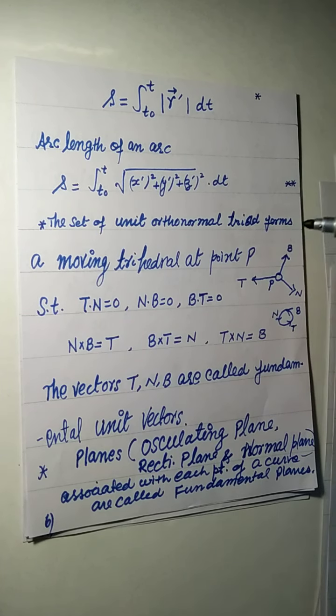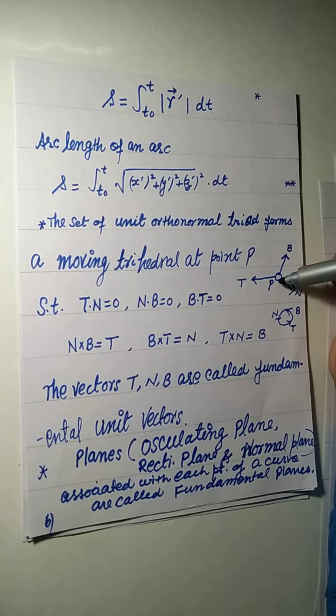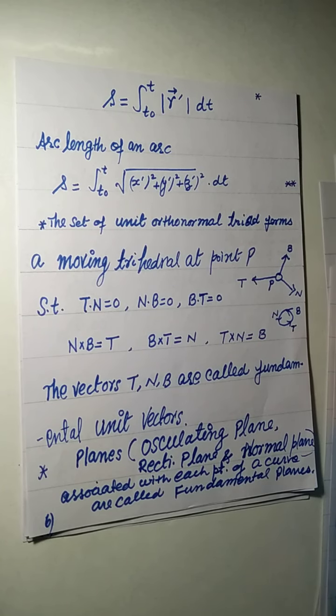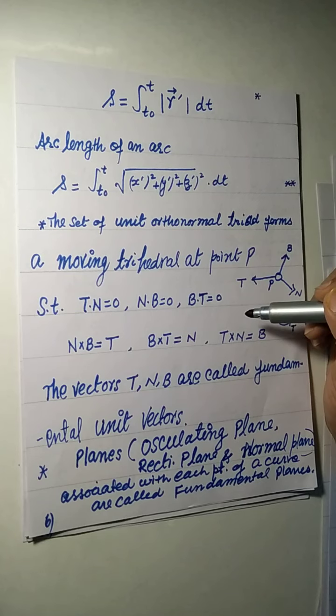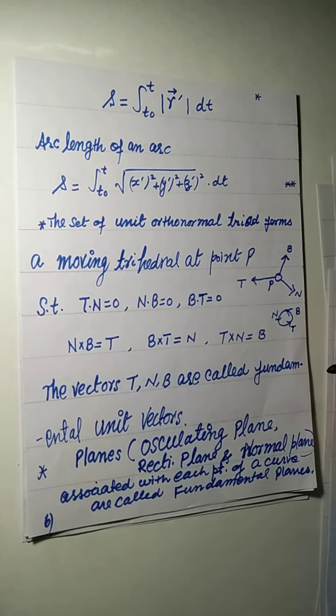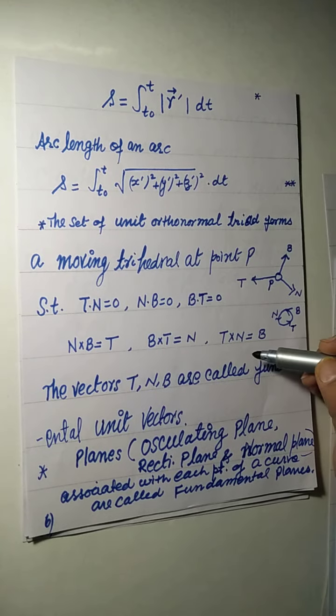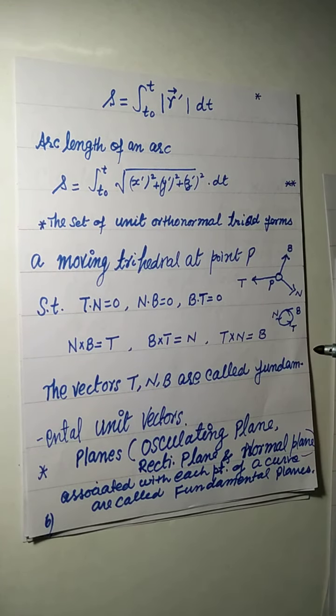The set of unit orthonormal triads forms a moving trihedral at point P, where t dot n is 0, n dot b is 0, b dot t is 0. Similarly, taking the cross product, the vectors t and b are called fundamental unit vectors.